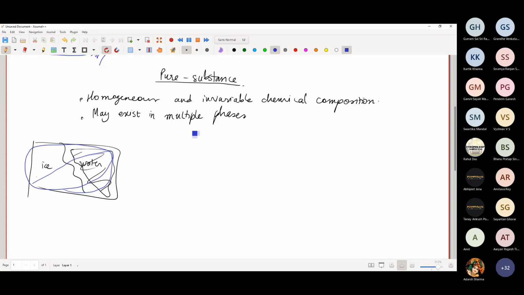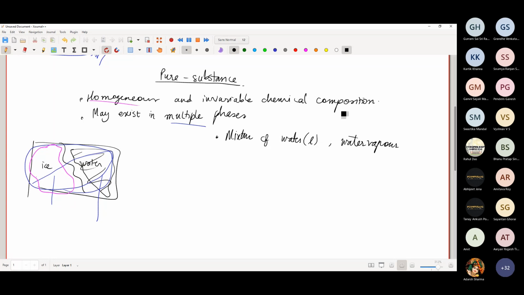It can exist in multiple phases, so it is existing as ice and as water. And again, homogeneous means even in ice, the property is homogeneous throughout the ice. So some examples: a mixture of water in liquid state and water vapor.